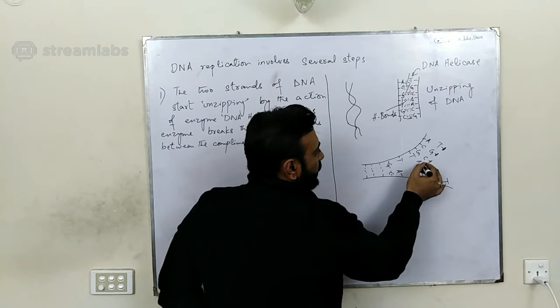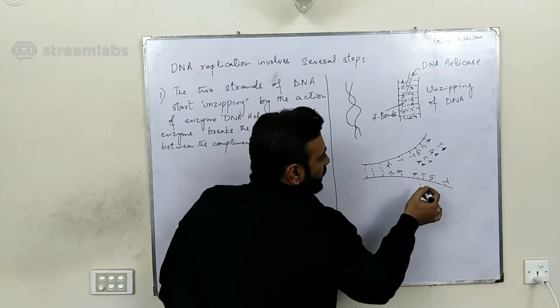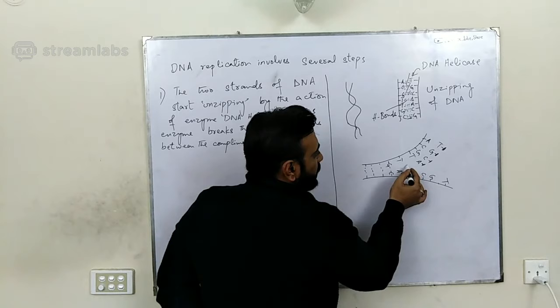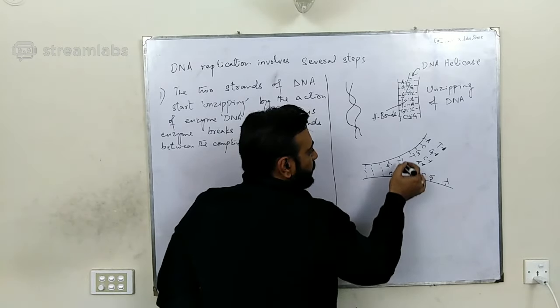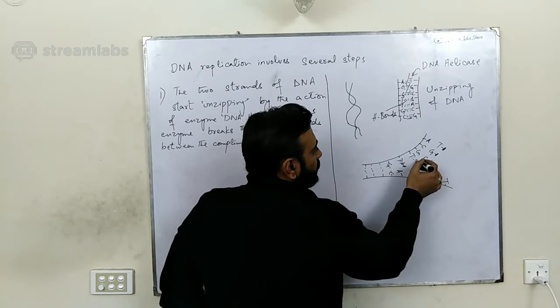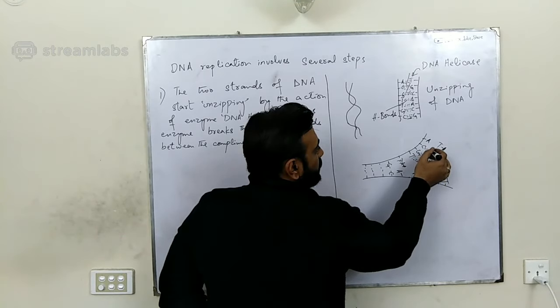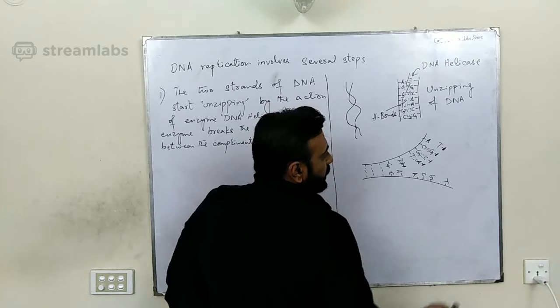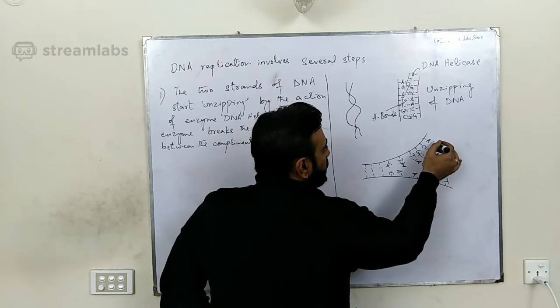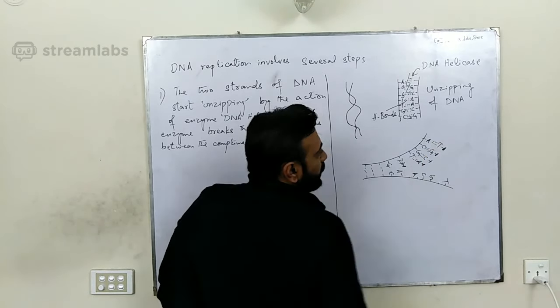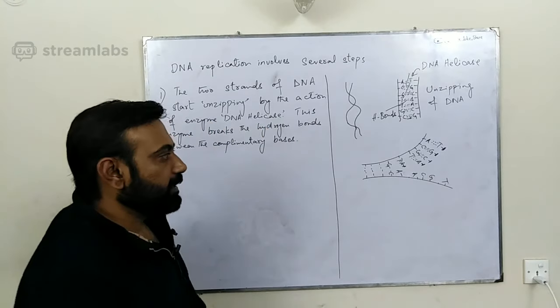How and why are these nucleotides being arranged in front of each other? That is because of the hydrogen bonding. They start forming hydrogen bonds with each other. Three hydrogen bonds between cytosine and guanine, and two hydrogen bonds between adenine and thymine.